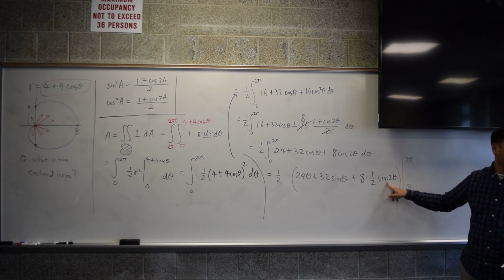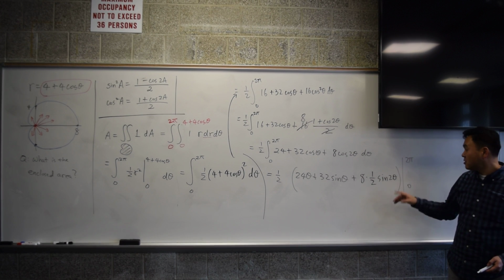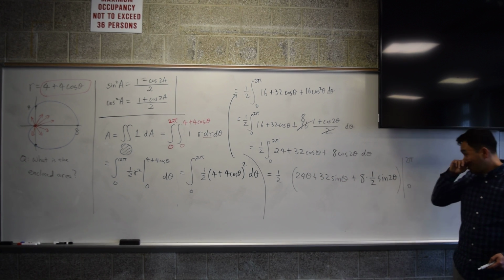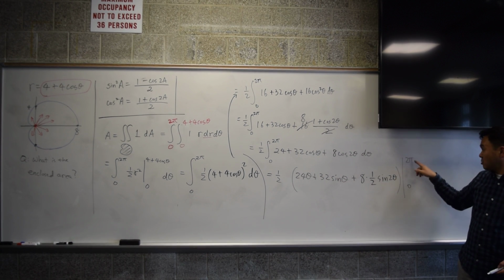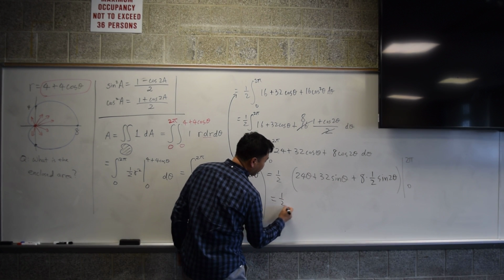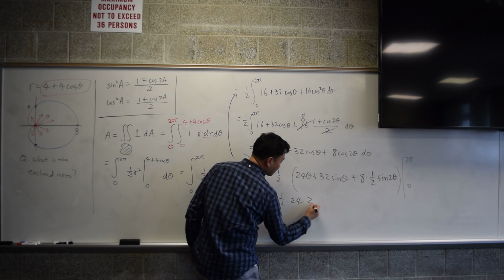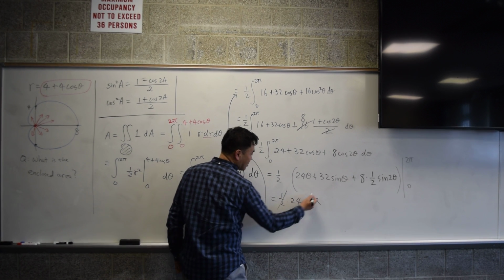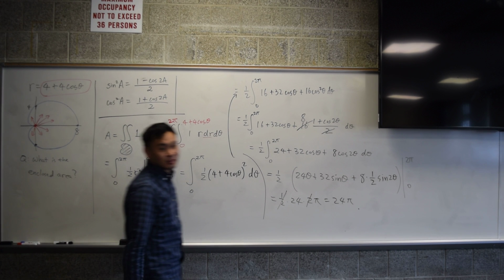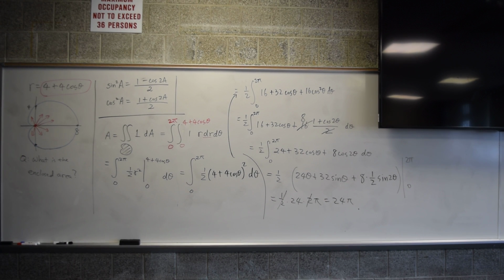Sine 4 pi? 0. So that's gone. And also when you plug in 0, everything is 0. The only time you don't get a 0 is when 2 pi is plugged in here. So you end up with 1/2 times 24 times 2 pi. 1/2 and 2 cancel, and you get 24 pi. Done. So that's the integral.